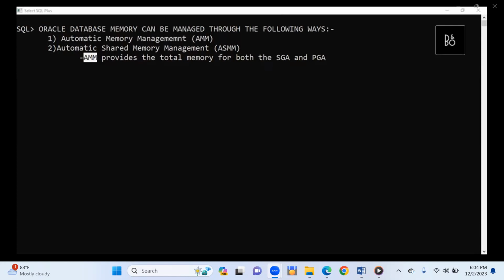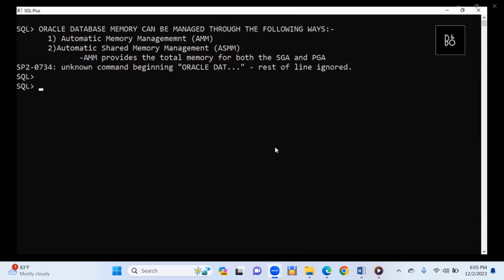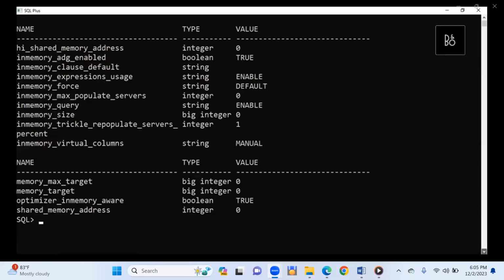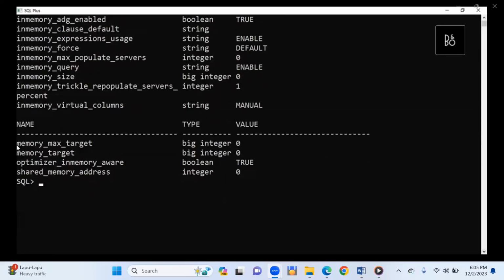Shared means it's the SGA we are talking about, because SGA stands for the shared global area. So when you configure the memory, as in show parameter memory, you'll find we have these two: memory_max_target and memory_target.